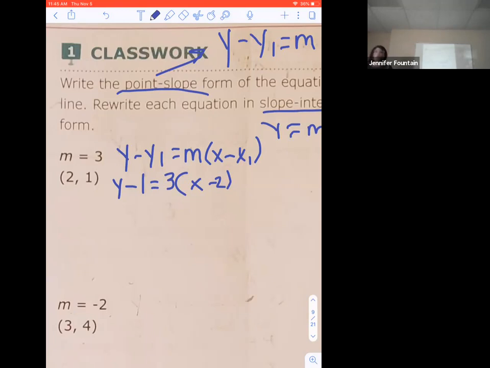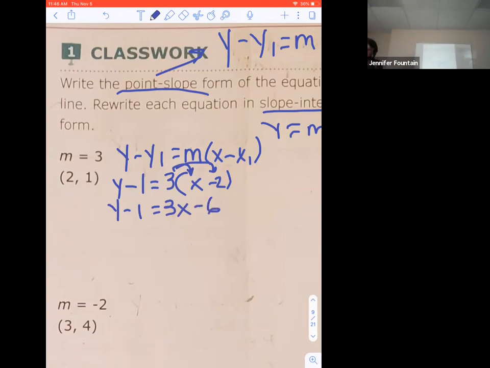What's the next step? Distribute. Distributive property. I see that number outside parentheses, and that's a visual indicator to you that you're going to have to distribute. So 3 times x and 3 times negative 2. So I have y minus 1 equals, what's 3 times x? 3x. What's 3 times negative 2?